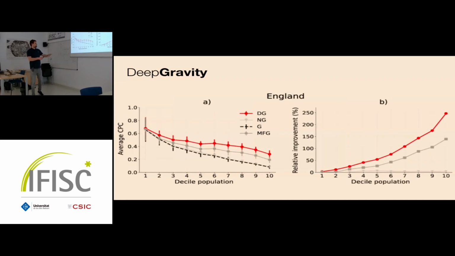And those are basically the maps that we saw before, in numbers. So the relative improvement increases as the decile of the population increases. Meaning that even if this curve in the first graph decays over the deciles of population, if we measure the relative improvement, which is basically the difference between such lines, the relative improvement increases.